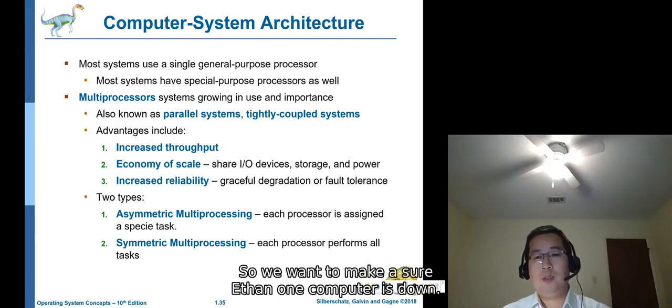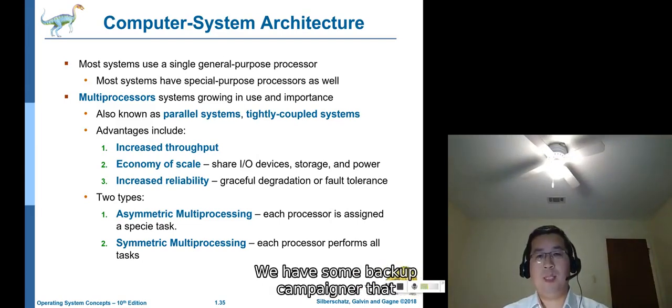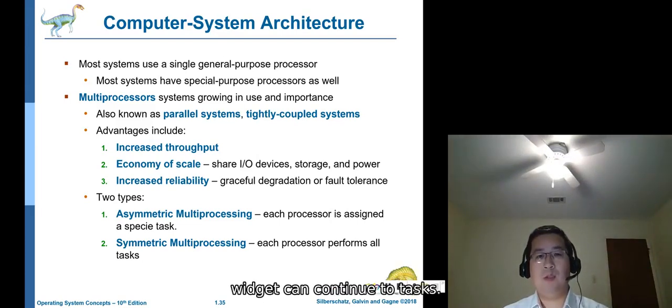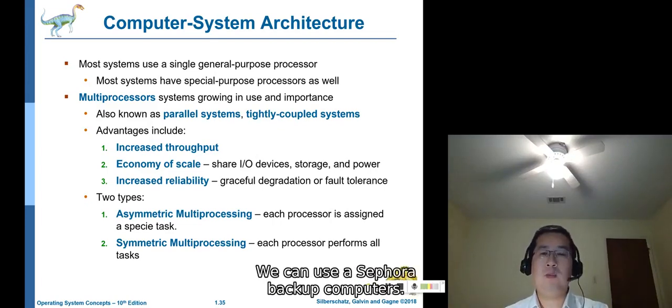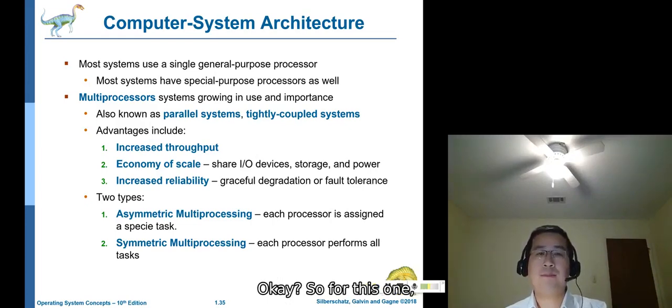So we want to make sure that even if one computer is down, we have a backup computer which can continue the tasks. In that case, we need to use multiprocessors, which means we can use several backup computers. So this is one purpose.